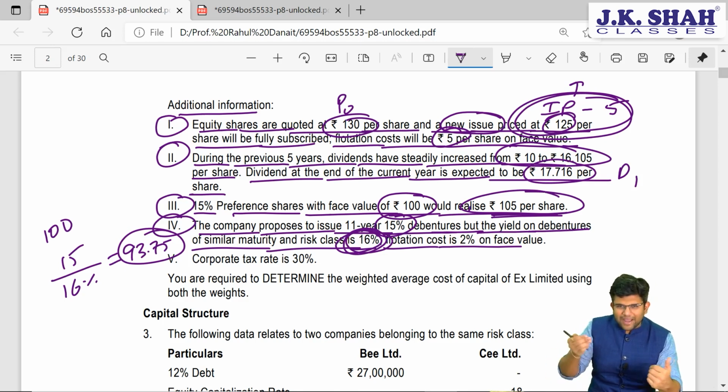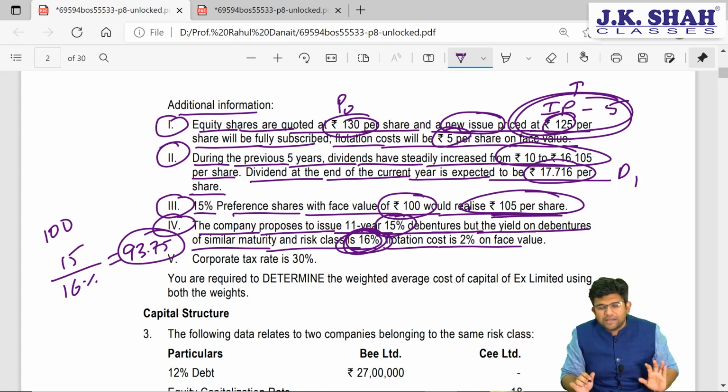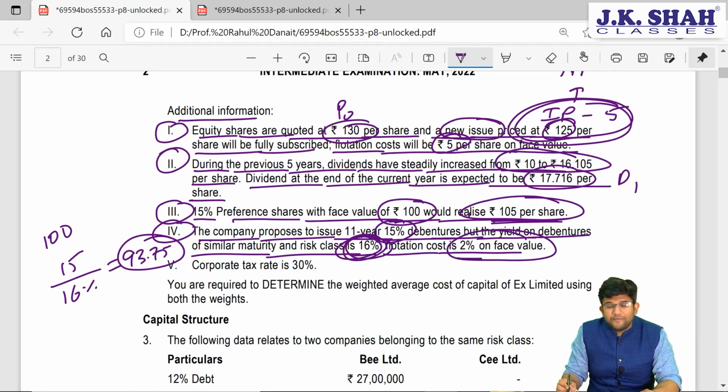So we are saying, we will offer 15 rupees as the coupon. If you want this 15 to feel like a 16% return, don't invest at face value, we will give it to you at a discount, at 93.75. So the issue price becomes 93.75, from which 2% on face value, that is 2% of 100, that is 2 rupees, will be flotation cost.